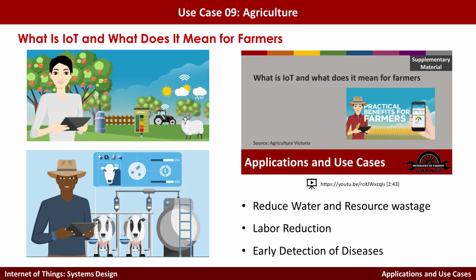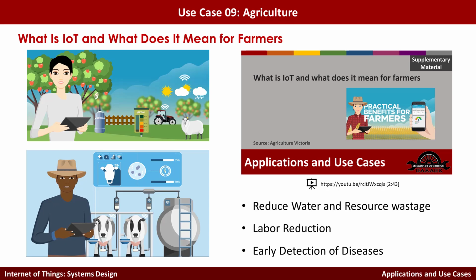This is a use case on agriculture. It is important to note that agriculture has been one of the first adopters, or even before IoT, people have been using sensor networks to monitor large areas of agricultural fields. So this is more like the second wave of technology, because they have been using sensors for a long time.